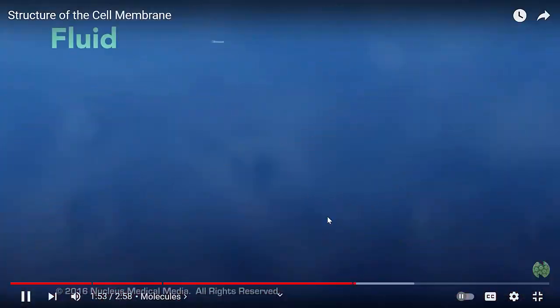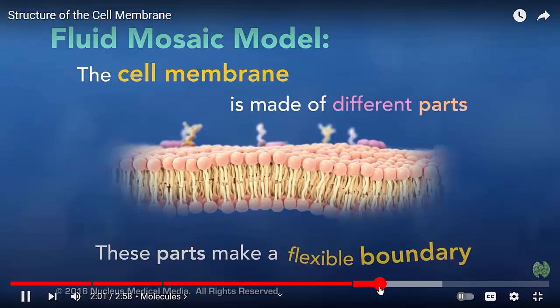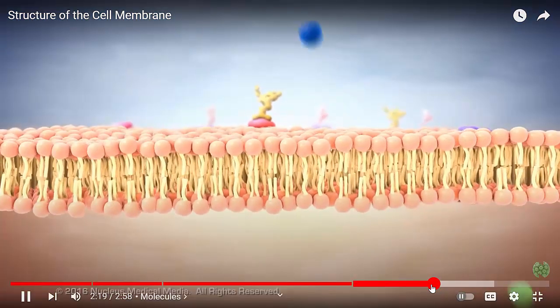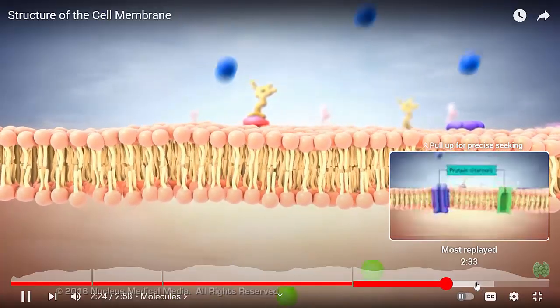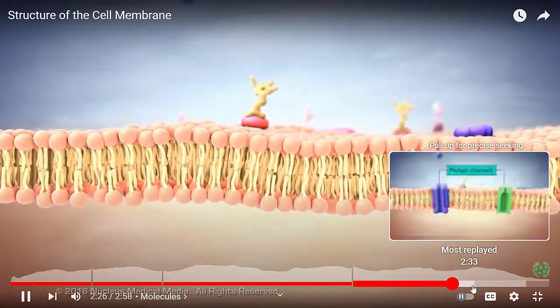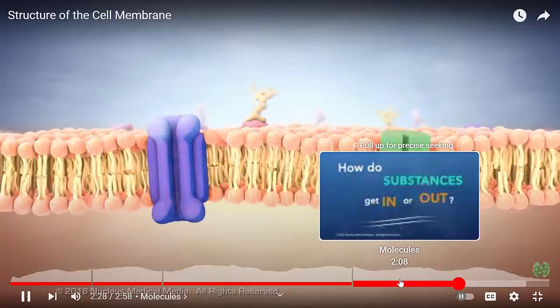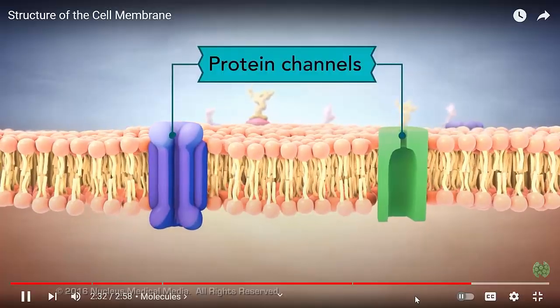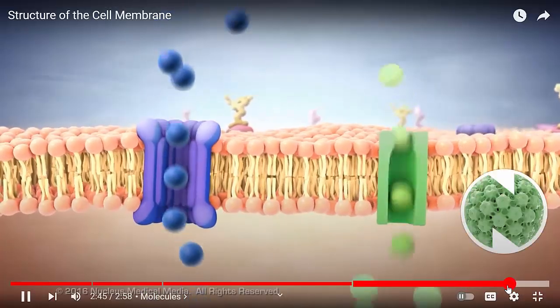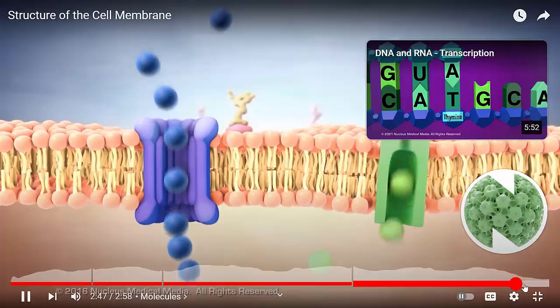In the fluid mosaic boundary around the cell, however, other molecules are too big to fit through the cell membrane this way. So, how do these larger molecules pass through the cell membrane? They move through proteins embedded in the cell membrane.